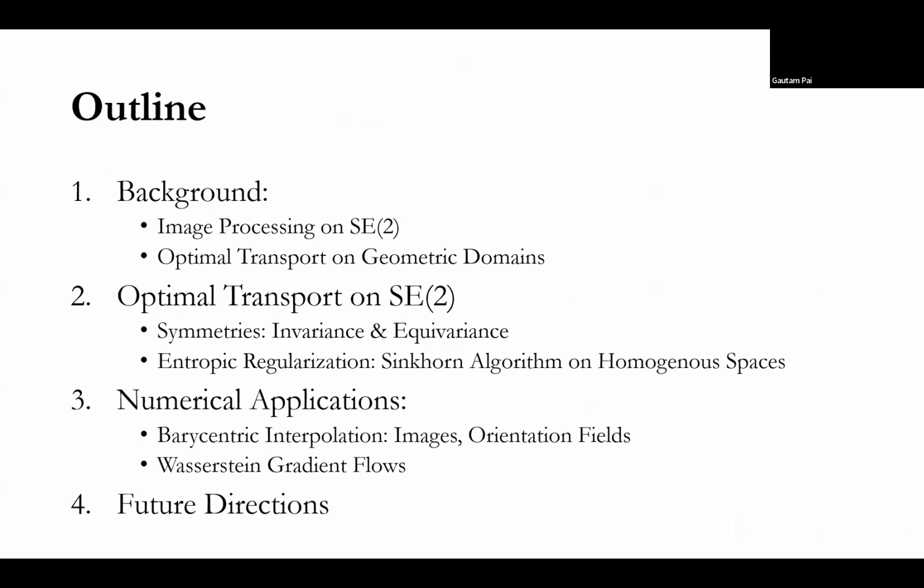Then I'll combine both of these things and talk about doing optimal transport on SE2, with a focus on discussing symmetries, what it means to be invariant and equivariant, and also the extension of the entropic regularization problem to homogeneous spaces. And then I'll show some applications, specifically barycentric interpolation of images, orientation fields, an example of a Wasserstein gradient flow, and then I'll finish with some future directions.